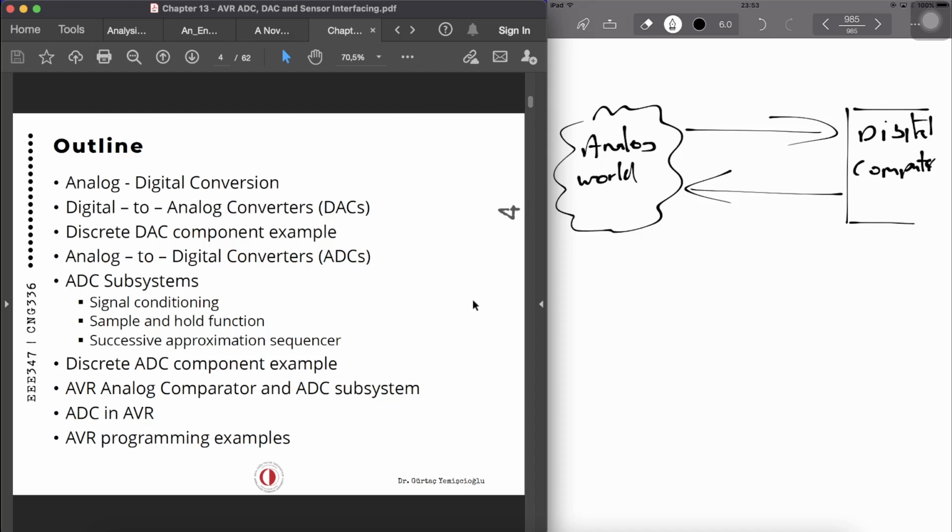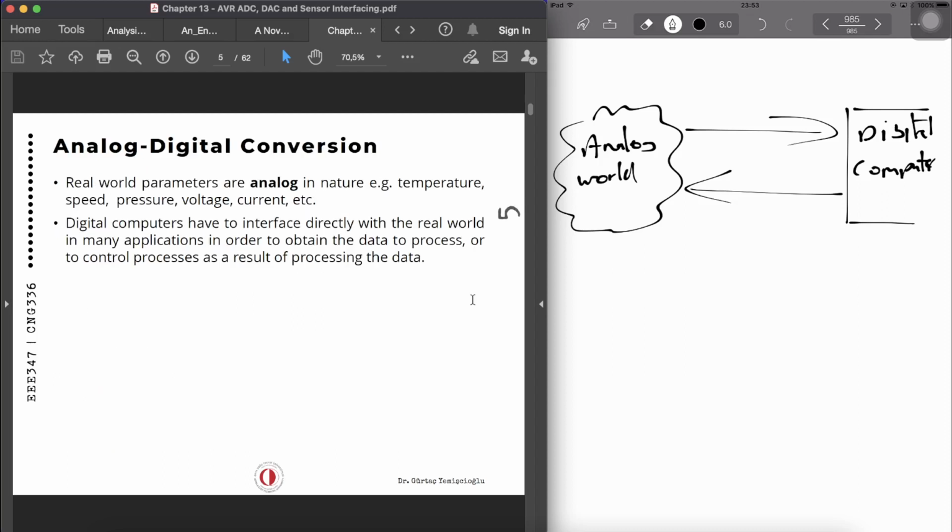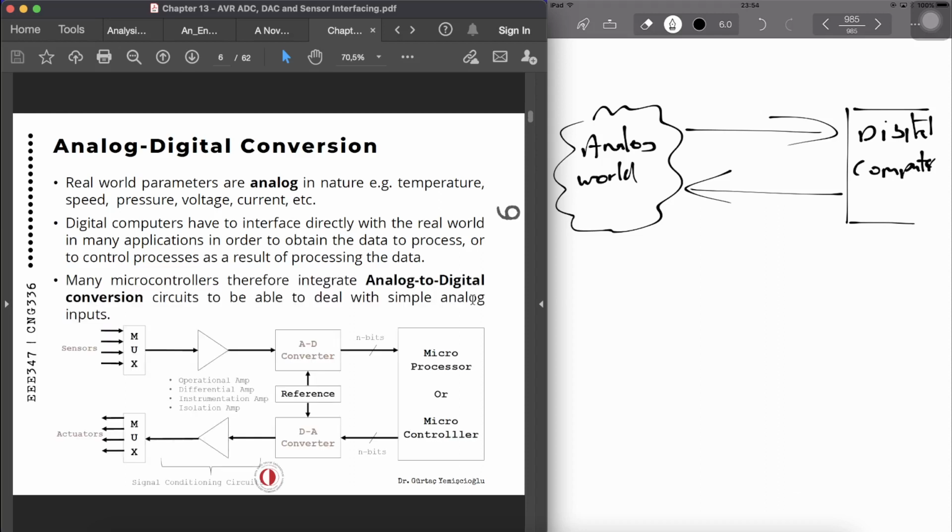and as we are using digital devices, we need some kind of bridge, some kind of communication with the outside of the device. So what I have already told you about, the real world parameters are analog in nature. That's why we need analog to digital conversion. So the figure over here demonstrates how these are happening in a complete system.